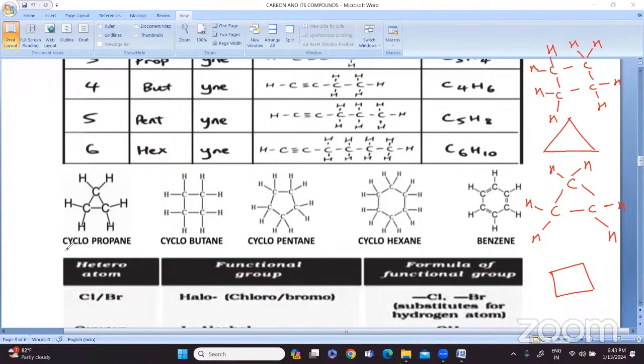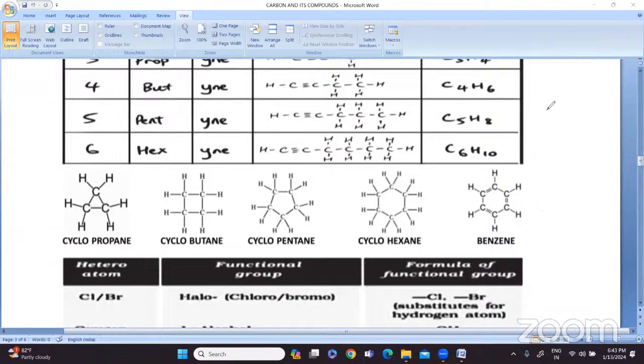Next is cyclopentane. What do you mean by cyclopentane, students? Cyclo, it will be in cyclic form. Pentane, so it will have 5 carbons: 1, 2, 3, 4, and 5.